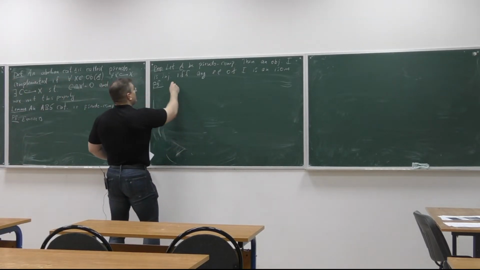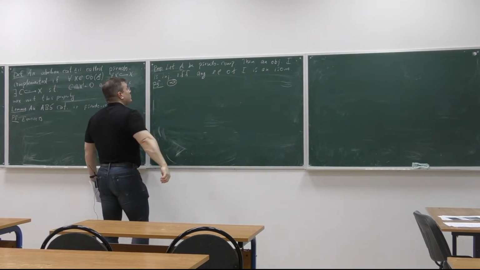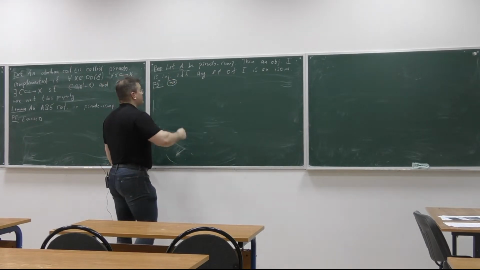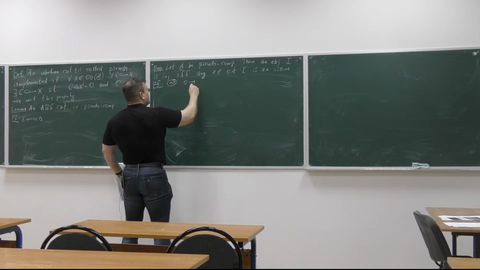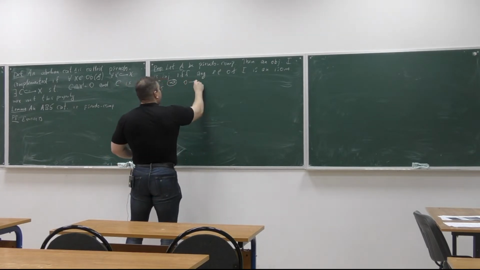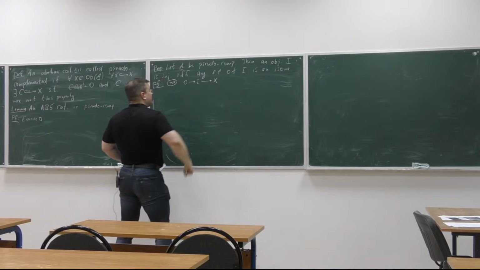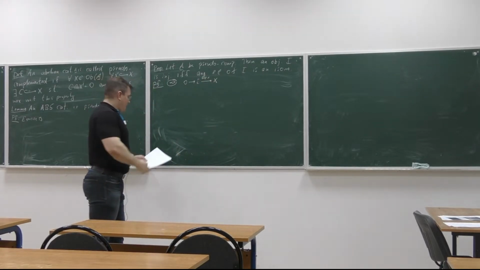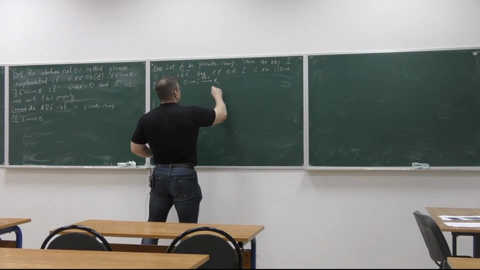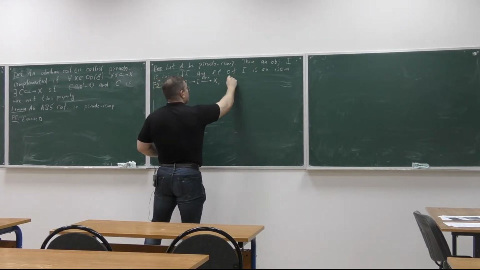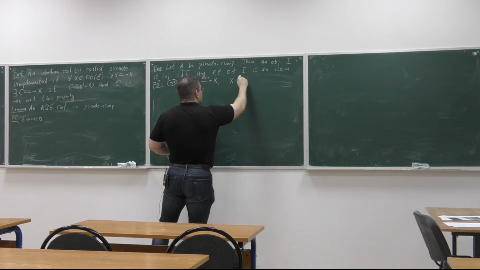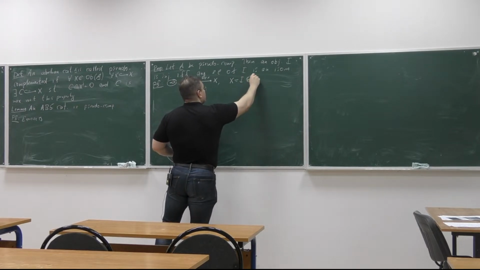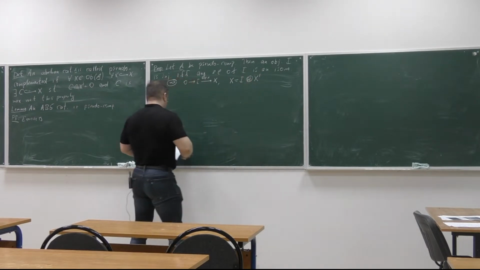Okay, so in one direction, if I know that I is injective, the proof is very simple. So I take I, suppose I have some essential extension, let's call this X. Well, then, since I is injective, X is necessarily a direct sum of I plus some complement X prime.